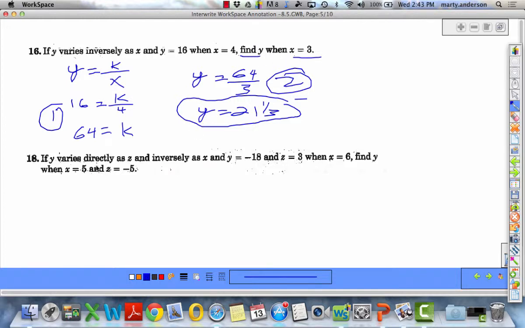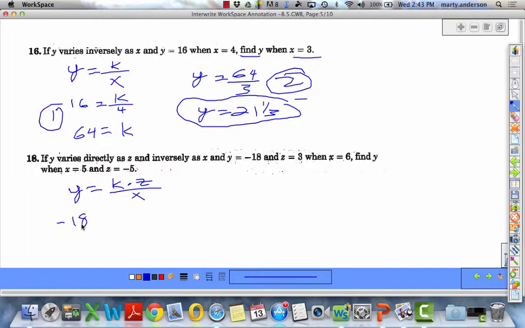Here we go. We got a combined for number 18. Skipping down to number 18. Y varies directly as z, inversely as x. So I can do k times z over x.